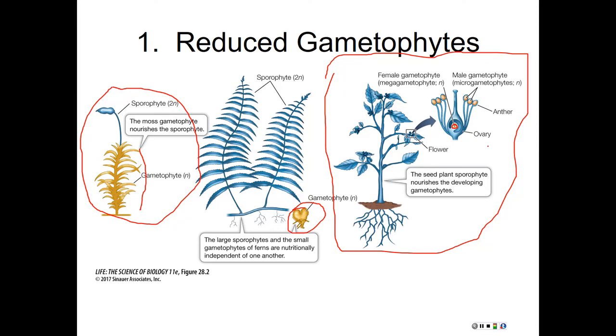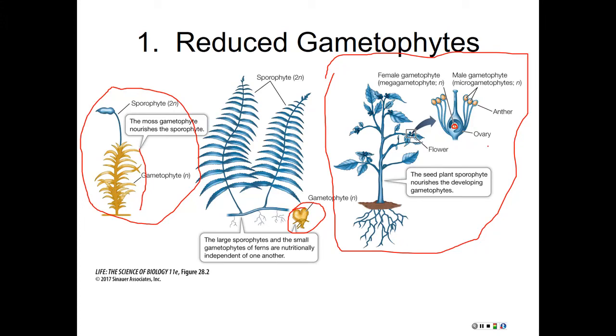So this tiny gametophyte, just like the other gametophytes in every other plant life cycle, does develop from a spore. But this spore is retained within the sporangia of the parental sporophyte. It never leaves, okay? So that's one difference. So you don't see it because it all stays enveloped within sporophyte tissue.